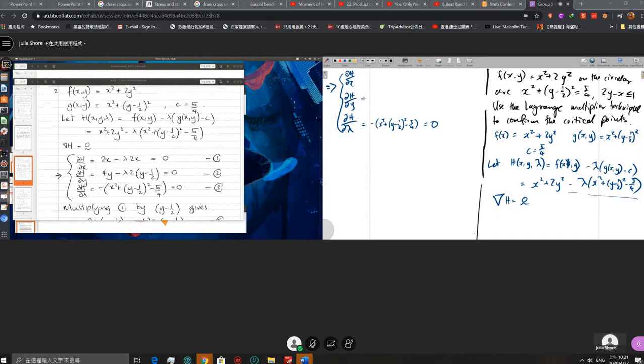For dh dy, from the first bit we get 4y, and the second bit we get minus lambda times 2 times y minus a half to the power of 1. We multiply by the derivative of whatever's inside, but that's just 1. And for dh dx, it's 2x minus lambda times 2x.